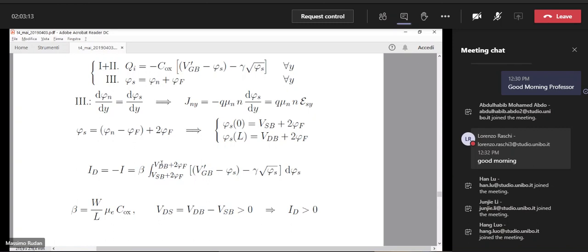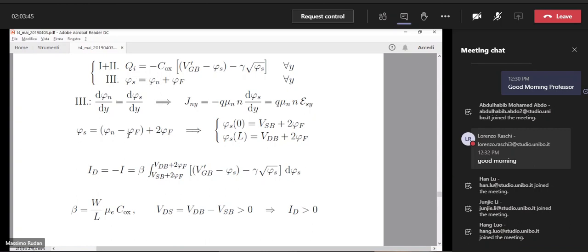It is possible to demonstrate, and the demonstration is still based on the assumption number 3, that if we specify this relation phi s equal to phi n plus phi f at the two ends of the channel, first we can manipulate the relation in this form.